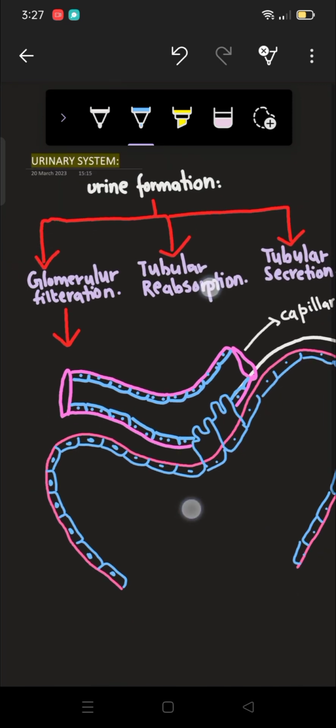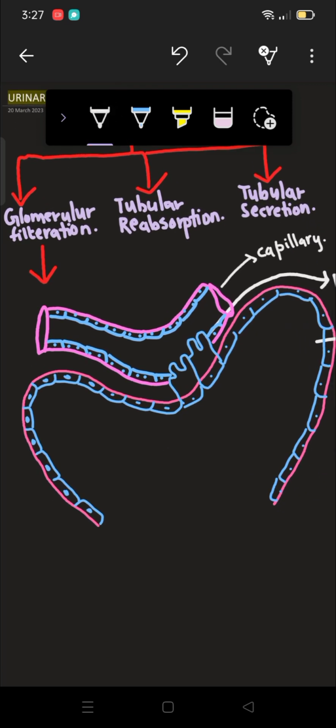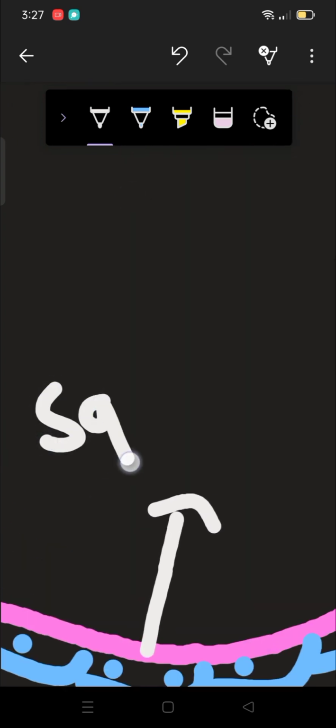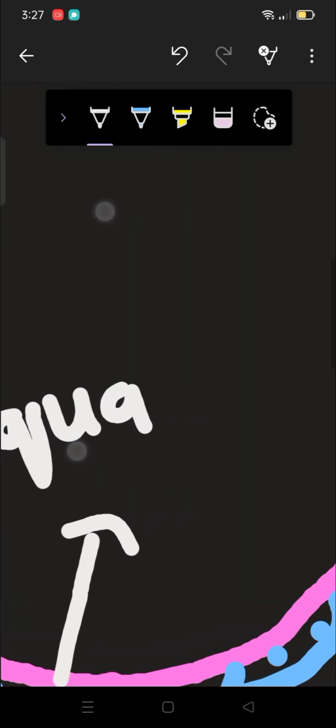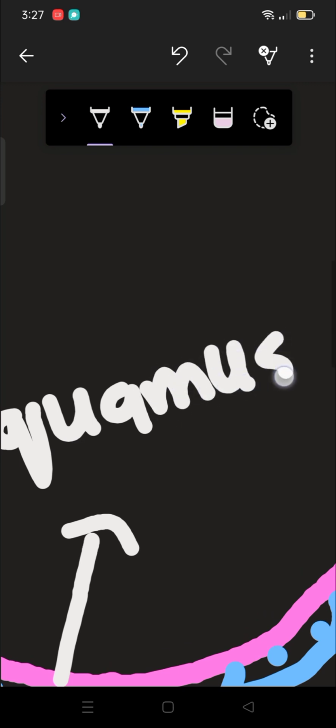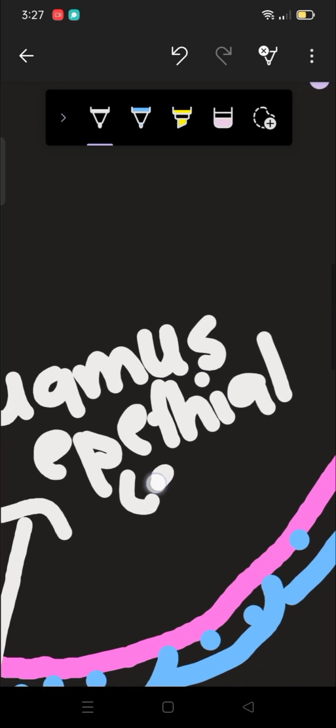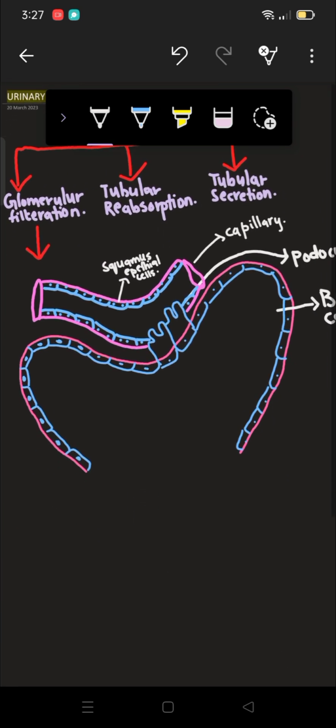Alright, so here I have made squamous epithelial. So let me label it. These are squamous epithelial cells, because in every capillary, squamous epithelial cells are present.